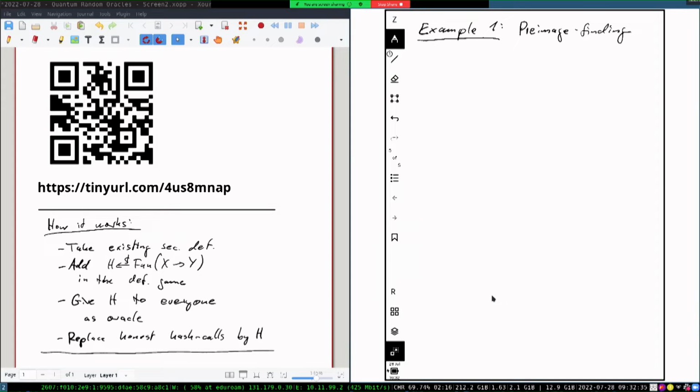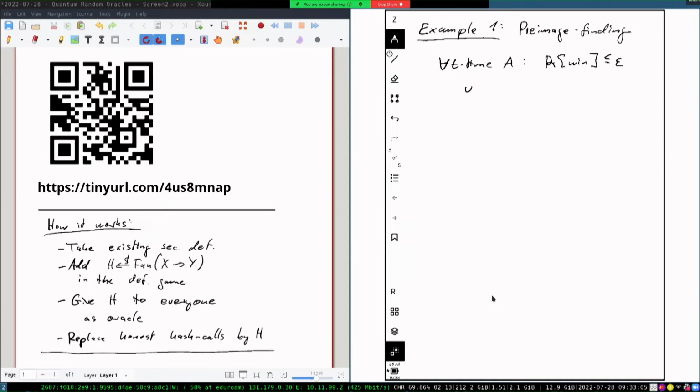Normally, we look at the following non-random oracle property, which would be something like: for any t-time adversary A, the probability of winning is smaller or equal to epsilon.